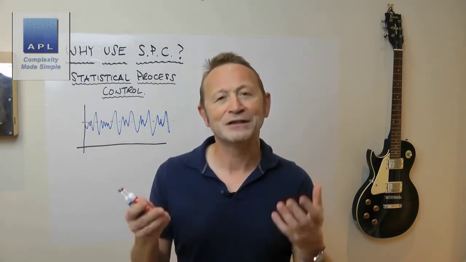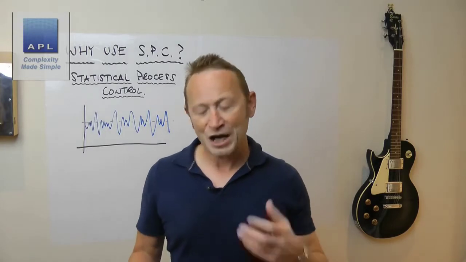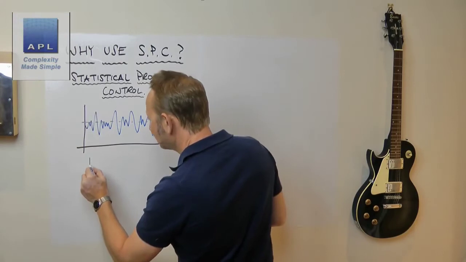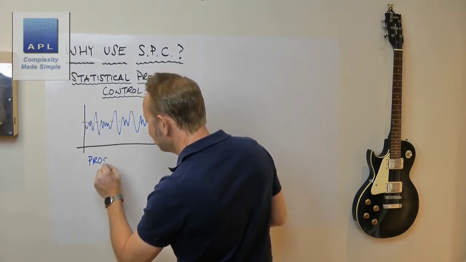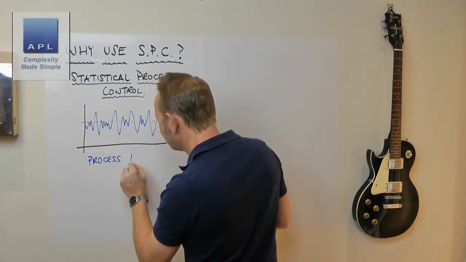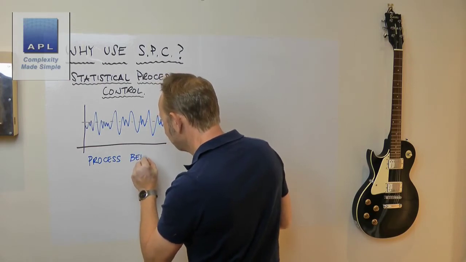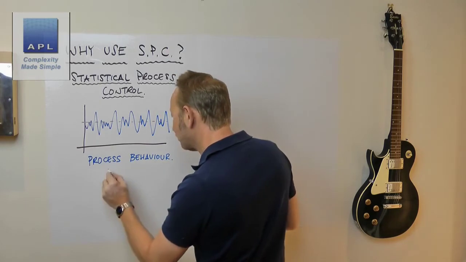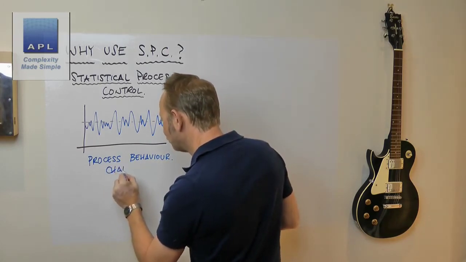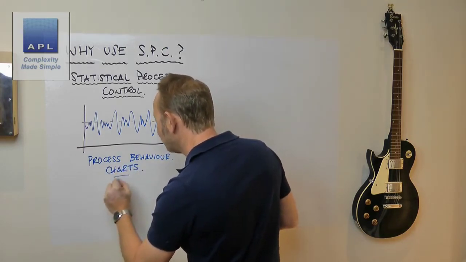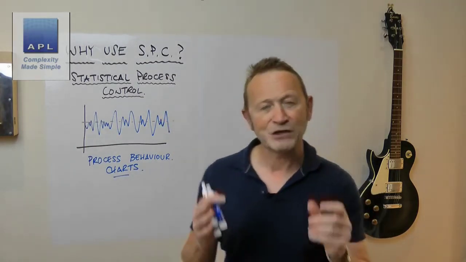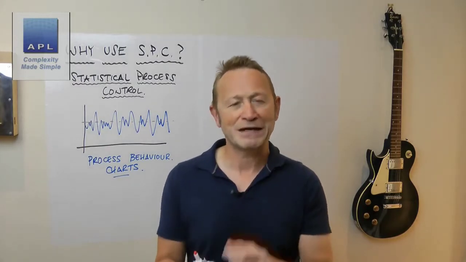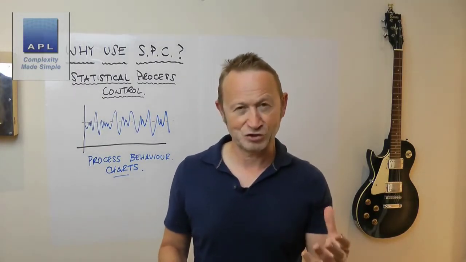Another way to think of it is that it generates a natural process behavior. Some people do call these process behavior charts because that's what they're trying to communicate to you: the natural process, so that you can make better decisions about your process.